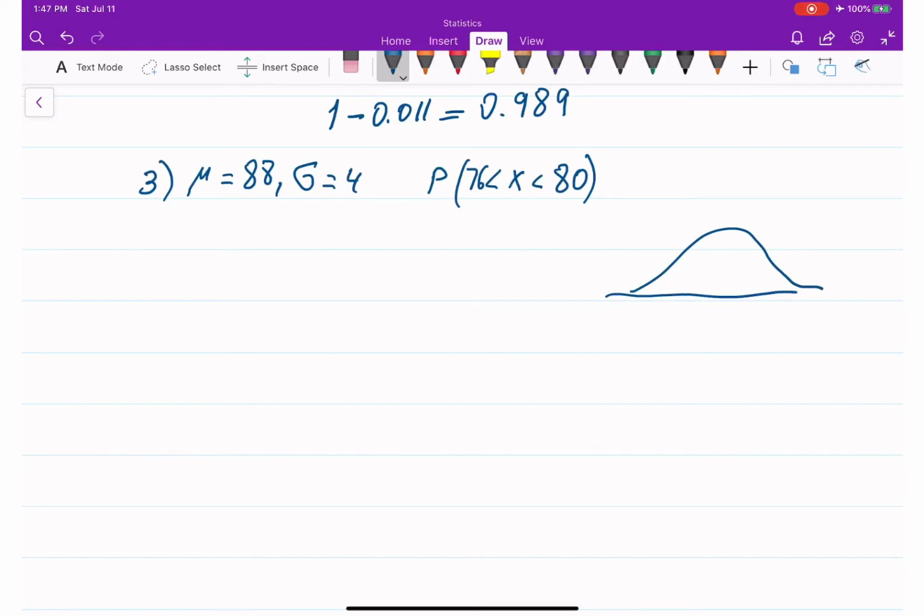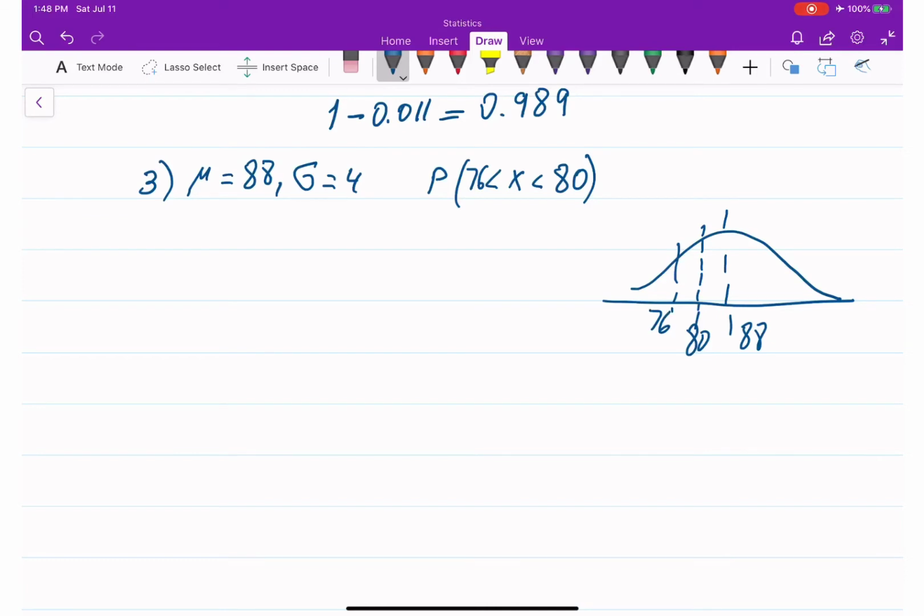Normal distribution. Okay, here is x. Let me make it bigger. If this is my mu, the average 88, then this can be, let's say, 80, and this can be, let's say, 76.